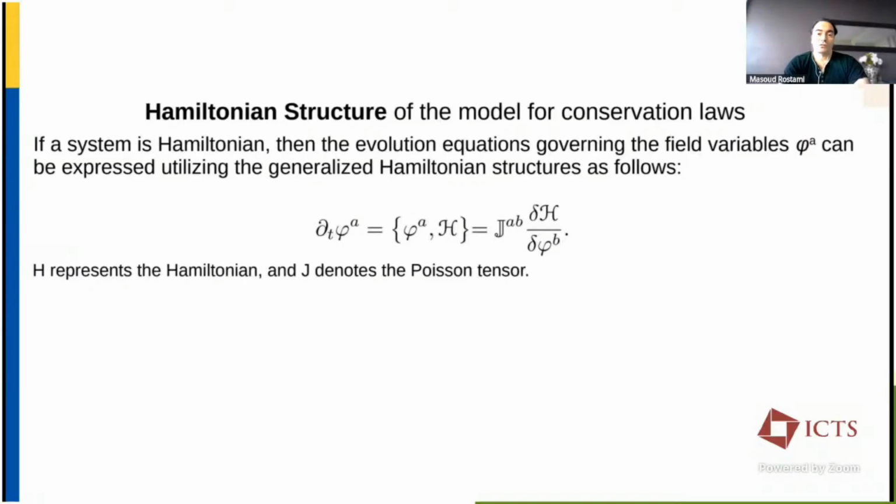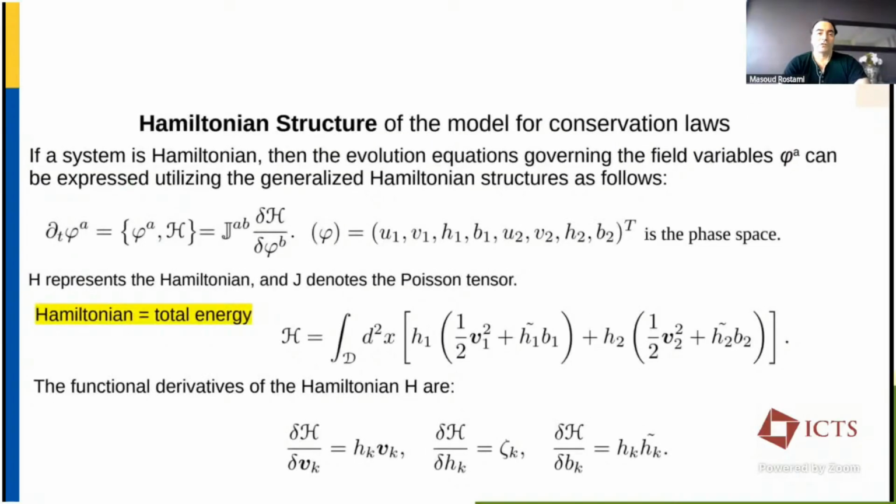So if we go toward this two-layer system, in fact, the Hamiltonian structure, which can also be interpreted as total energy, because once we are in an adiabatic system, the Hamiltonian structure or total energy is conserved.